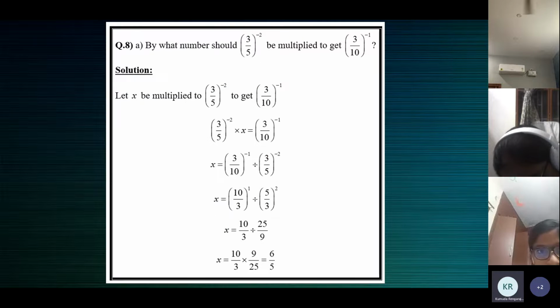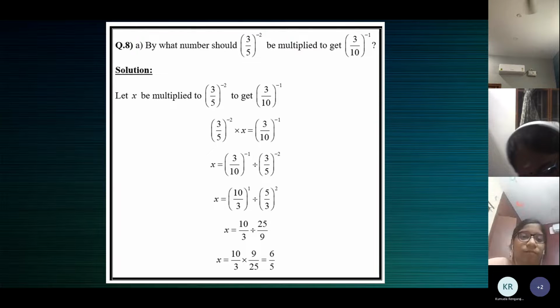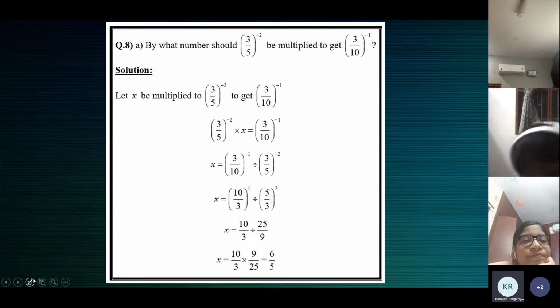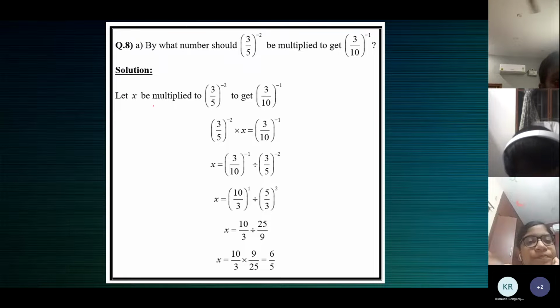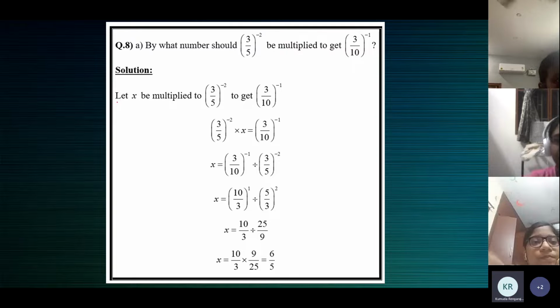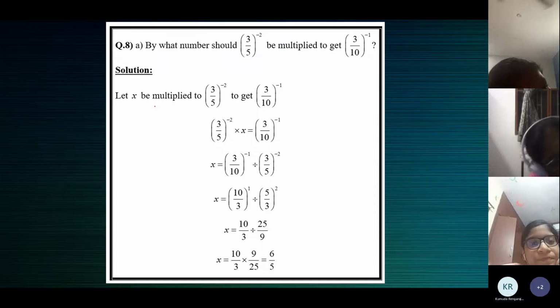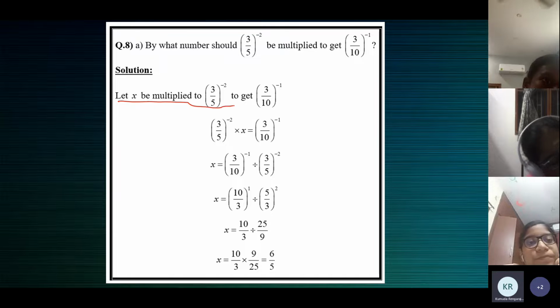So you can see a different way of working here. Let me explain this. You will understand, don't worry. Let x be multiplied to (3/5)^-2 to get (3/10)^-1.